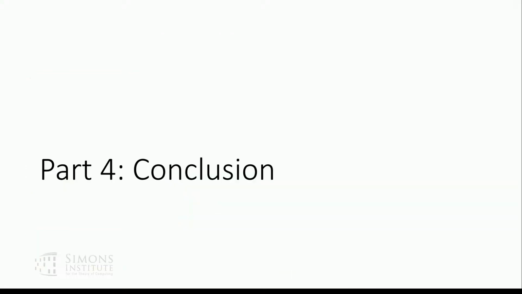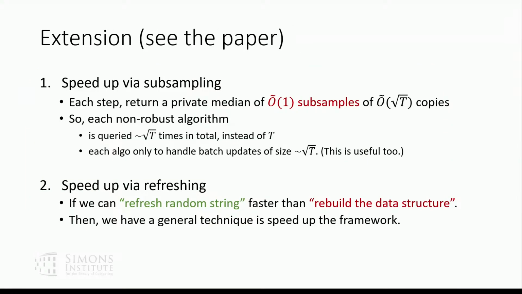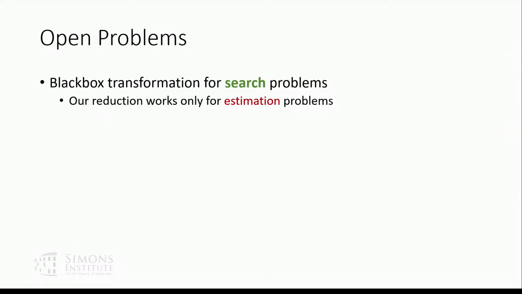Okay, so let me conclude. We get this transformation such that you get this factor of root T, and there are some extensions. You can get speedup using subsampling that Chais mentioned, and you can speed up using another technique. But let me conclude with a quick open problem.